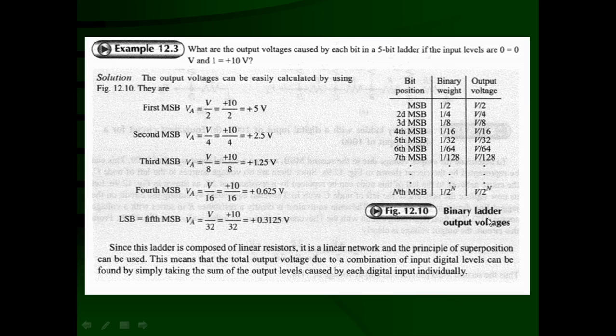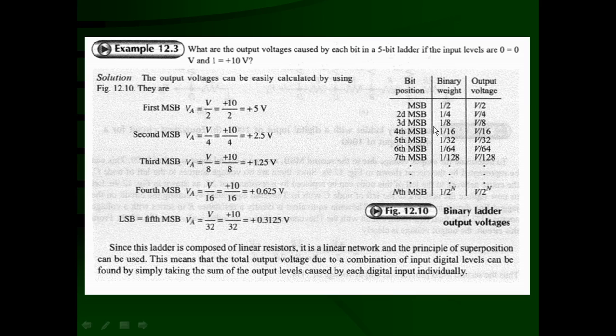Binary ladder output voltage for the MSB: the binary weight of the MSB is 1 by 2, and the output voltage is multiplied by V, so it is V by 2. Second MSB, binary weight is 1 by 4, and its output voltage contribution is V by 4. Third MSB, binary weight is 1 by 8, that is 1 upon 2 raised to 3, and output voltage is V by 8.